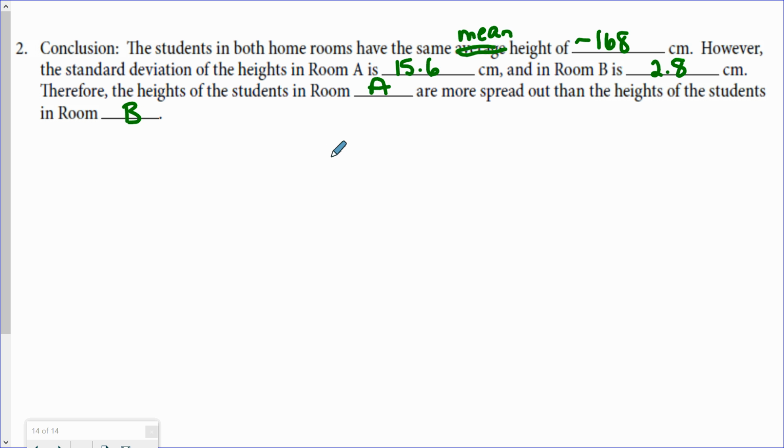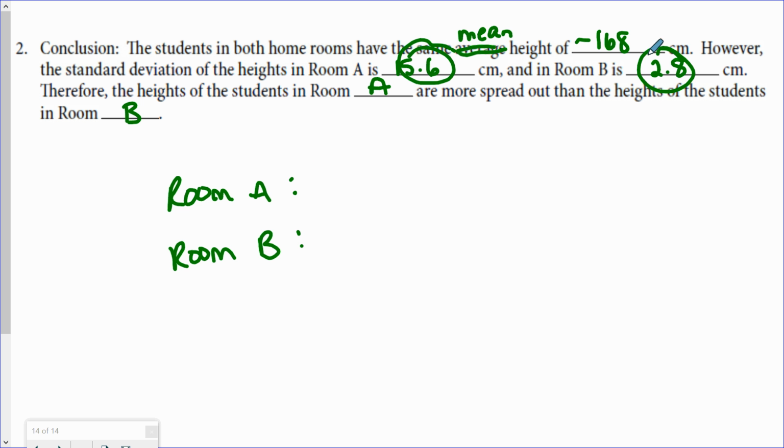If you look at those data points now, just looking at room A versus room B, it's super easy to put it into your calculator and get this value and this value, but we could also look at the data. Looking at room A, the shortest person is about 140 centimeters, if I'm looking right, and the tallest is 194 centimeters. Hopefully I didn't miss any short or tall people.